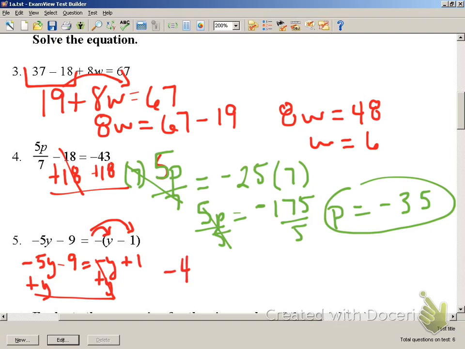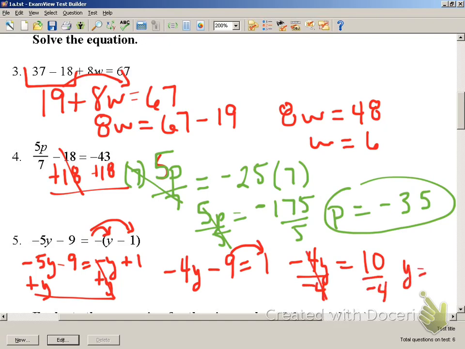So I'm left with a negative 4y minus 9 equals 1. If we move that across, we have a negative 4y equals 10. Divide by negative 4. You can leave this as an improper fraction, just reduce it. So it reduces to a negative 5 over 2.